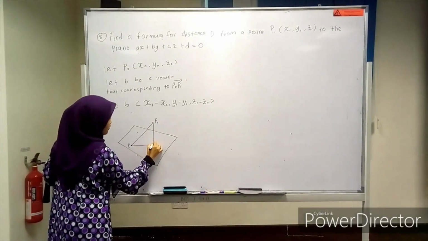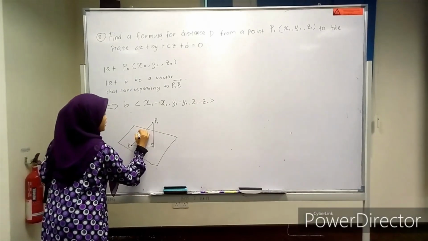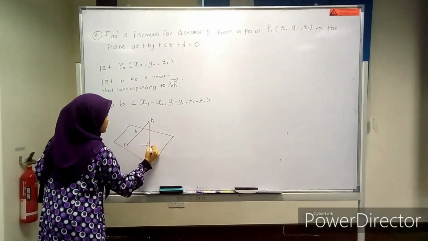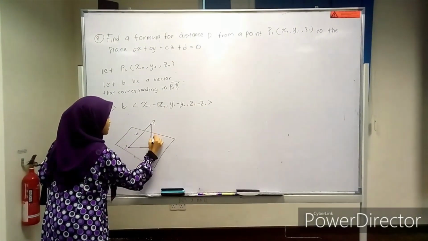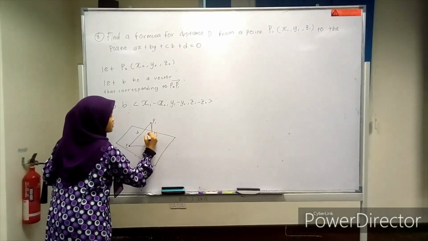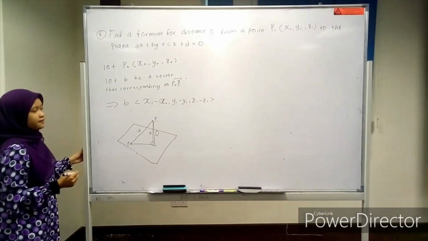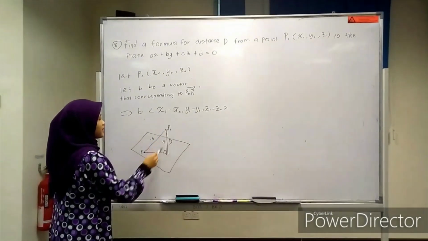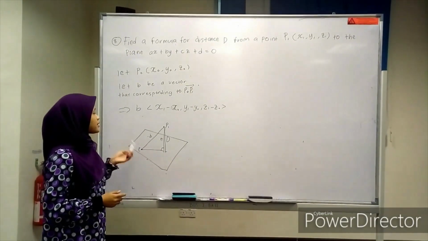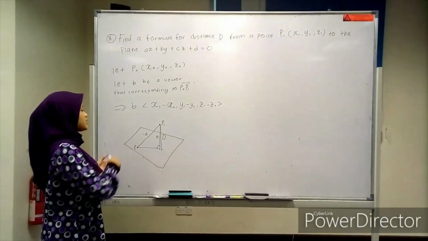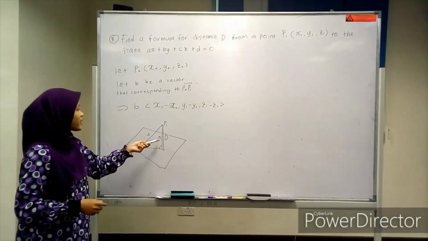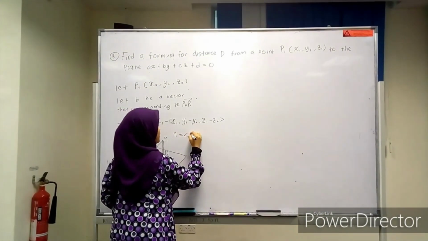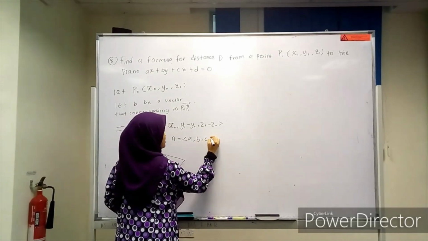This is b, and this is the distance, and this is also a normal vector. Okay, we can see the d from P1 to the plane is equal to the absolute value of the scalar projection of b onto normal vector n, with coordinate a, b, c.